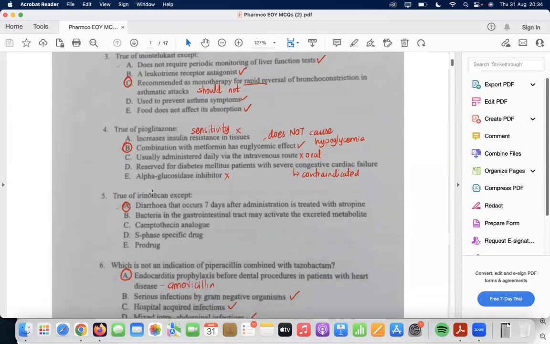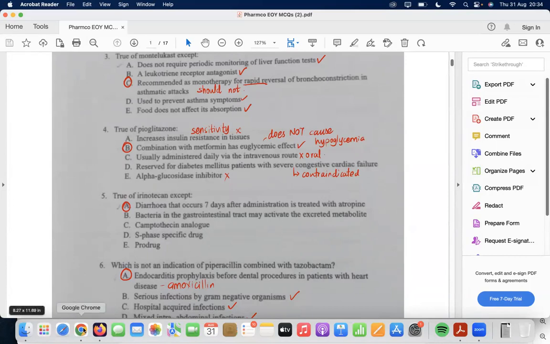For number 4, true of pioglitazone. So pioglitazone is a thiazolidinedione, which is a type of antidiabetic medication, specifically an oral antidiabetic medication.